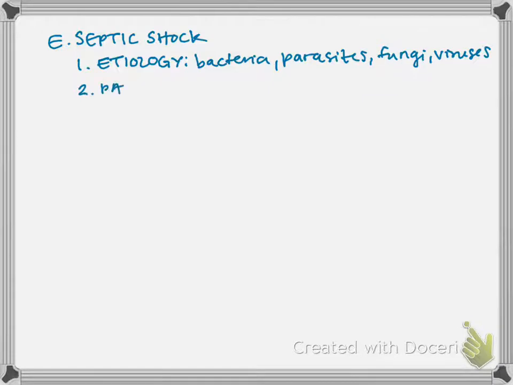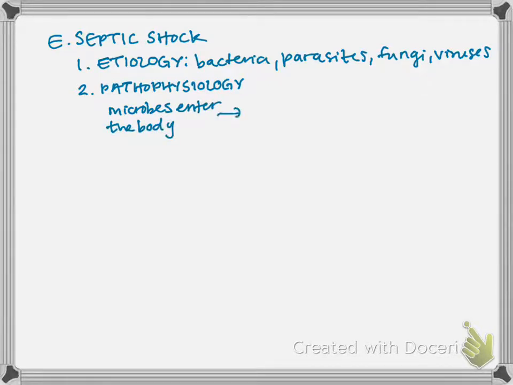In terms of the pathophysiology, we have microbes that enter the body. This causes an increase in inflammation, as well as coagulation, because the inflammatory response doesn't just have to do with the diameter of the blood vessel.